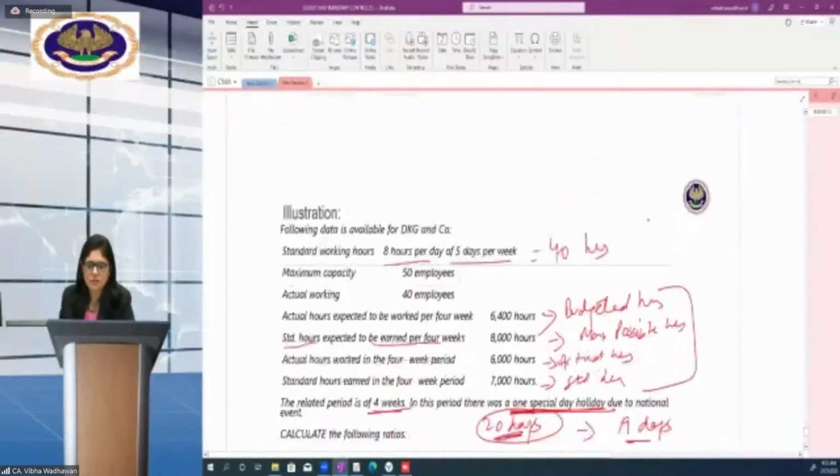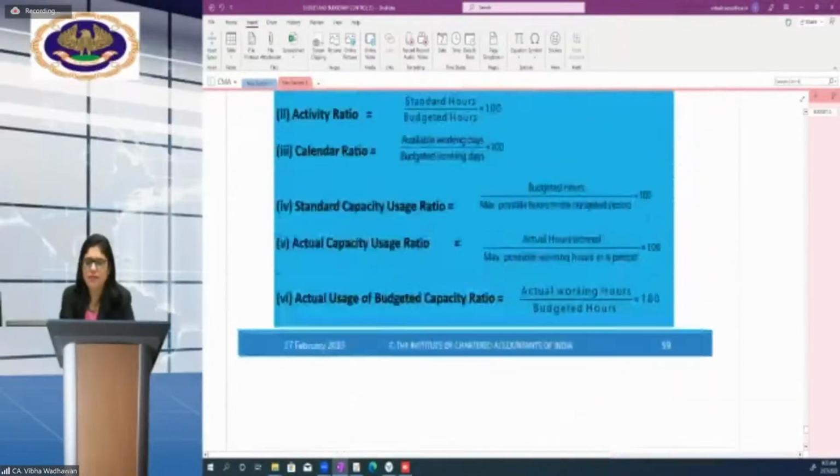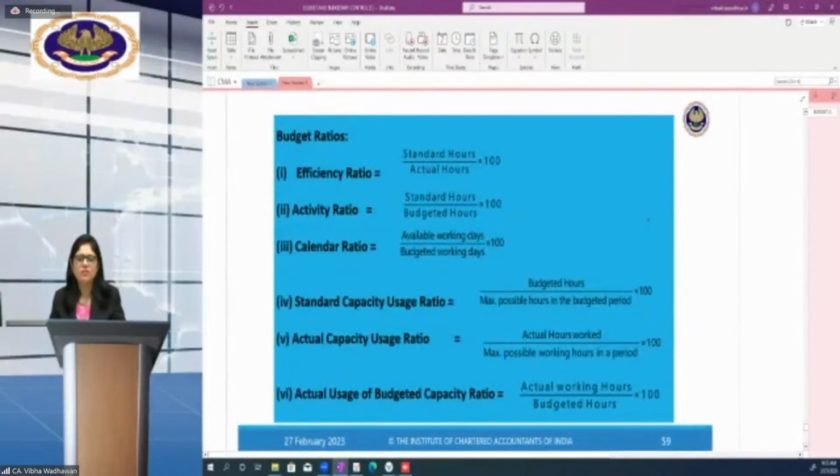So now let's go back. All the ratios we can calculate. Efficiency ratio, standard hours by actual hours. We know the standard hours, 7,000, divided by actual hours, 6,000, into 100.